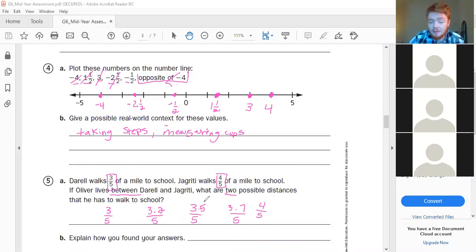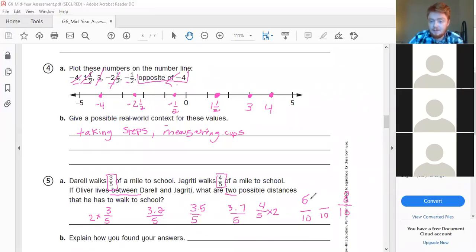So guys, all those numbers are in between. Another way we could have done that, if you didn't want a decimal, is to multiply these by 2, which would then be 6 over 10, and then 8 over 10. And then what number is between 6 and 8?